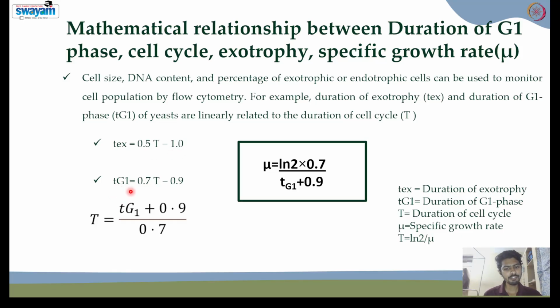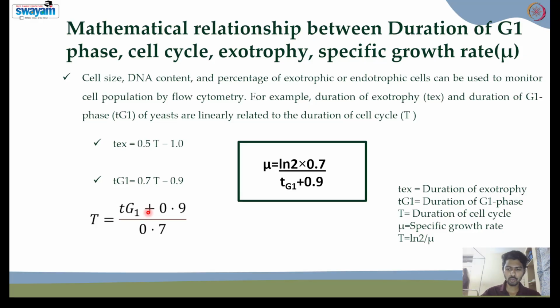And for the G1 phase, Tg1 is 0.7 T minus 0.9. If we rearrange this equation, this 0.9 comes to the left-hand side, so T is Tg1 plus 0.9 divided by 0.7. So either way we can calculate: if you know the duration of G1 phase, you could calculate the duration of the cell cycle.